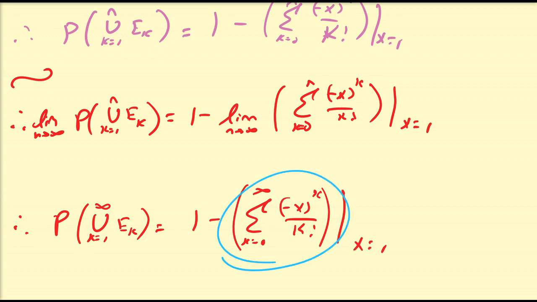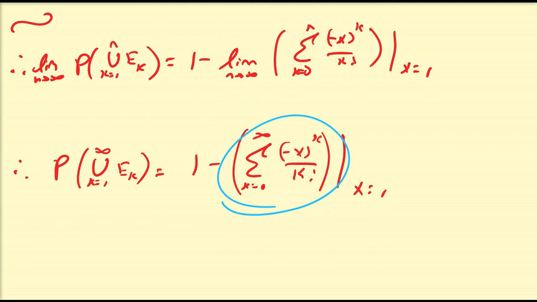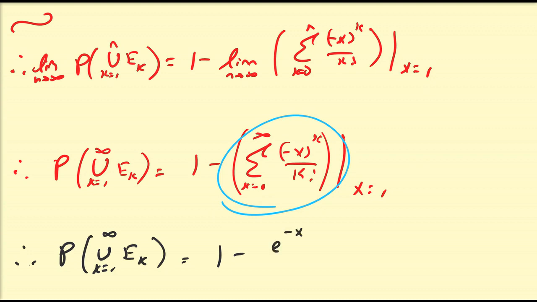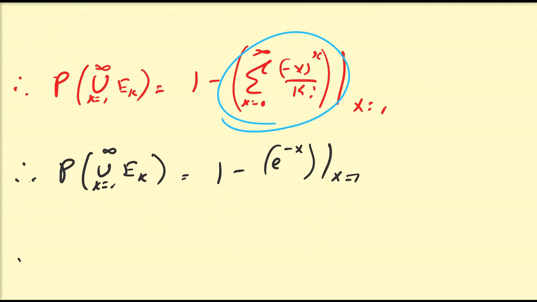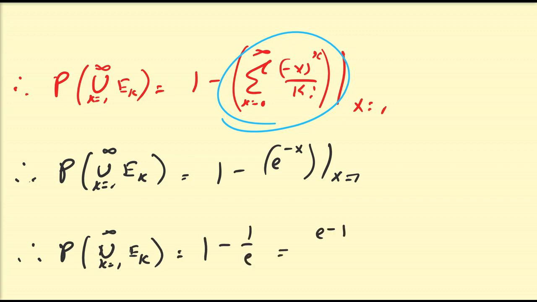Now, if you're familiar with some basic differential calculus, this is the Taylor series for the exponential function. So the union from k equals 1 to infinity of ek is going to be 1 minus e to the minus x, evaluated at x equals 1. Therefore, this problem is precisely equal to 1 minus 1 over e, or equivalently e minus 1 over e.